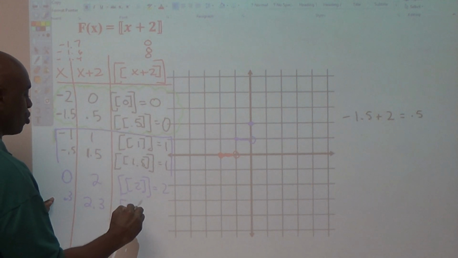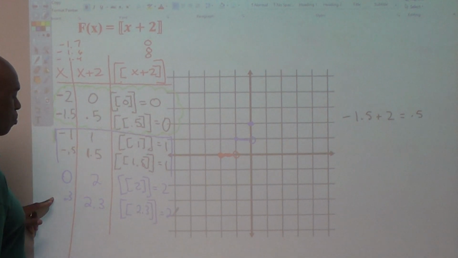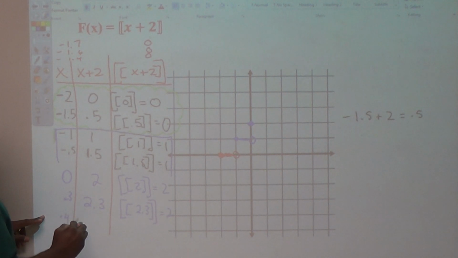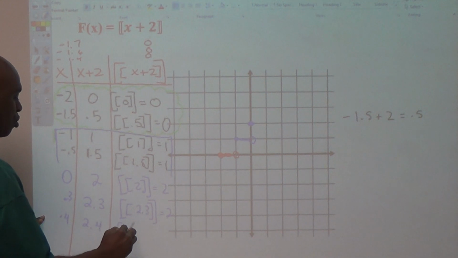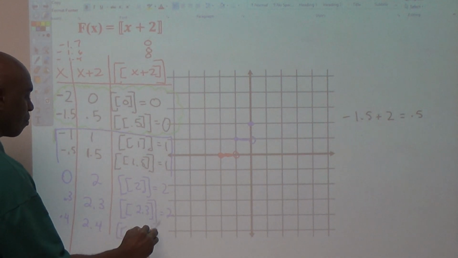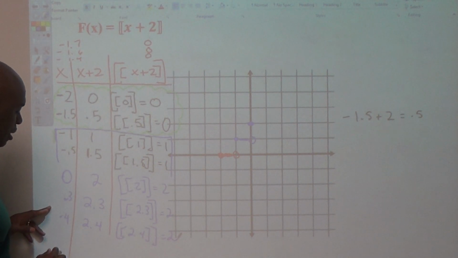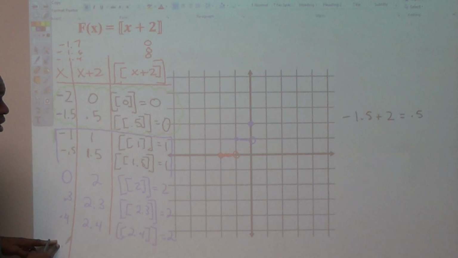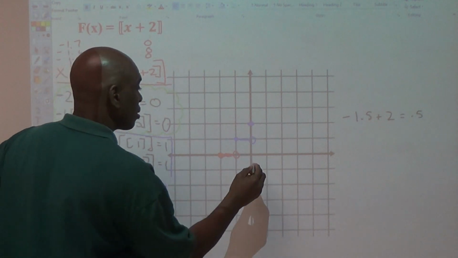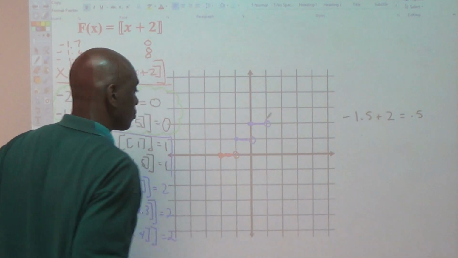What's the greatest integer of 2.3? 2. All right, look at 0.4. We get 2.4. What's the greatest integer of 2.4? 2. So everything between 0 and 1, well, not including 1, but 0 to 0.99999, is going to map to 2. So from 0 all the way over to 1 is going to map to 2, open circle at 2.